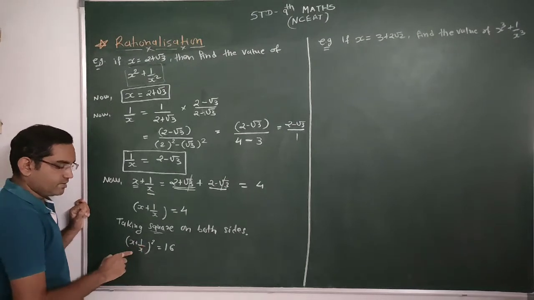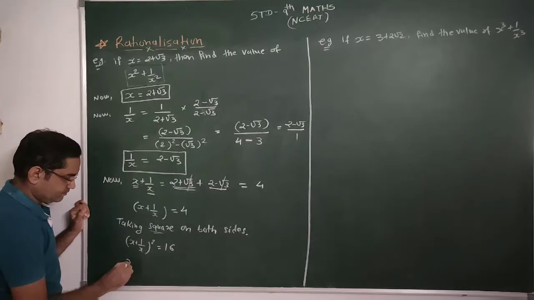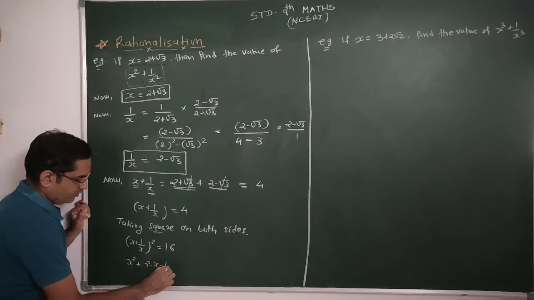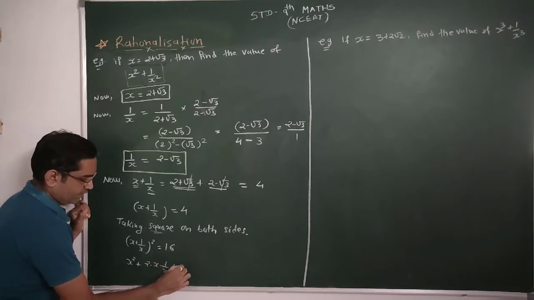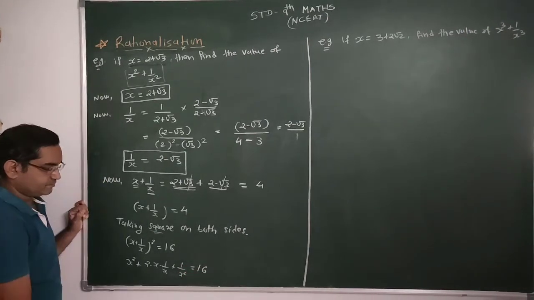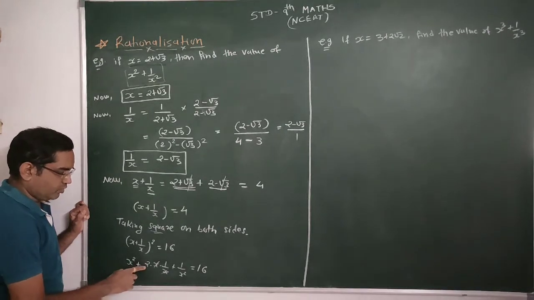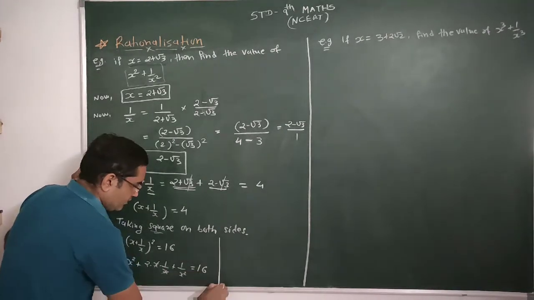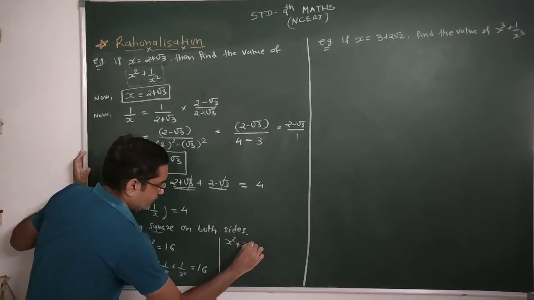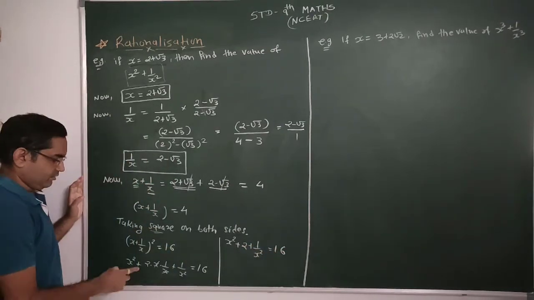Now perform the expansion. The expansion of x plus 1 by x whole square is first term square plus 2 into first term into second term plus second term square, which is 1 by x square, equal to 16. Here the x will cancel. So we get x square plus 2 plus 1 by x square equal to 16.